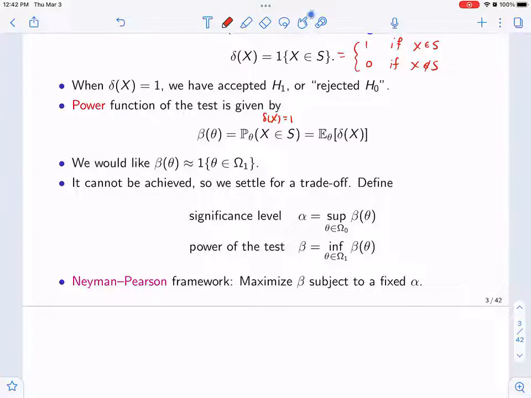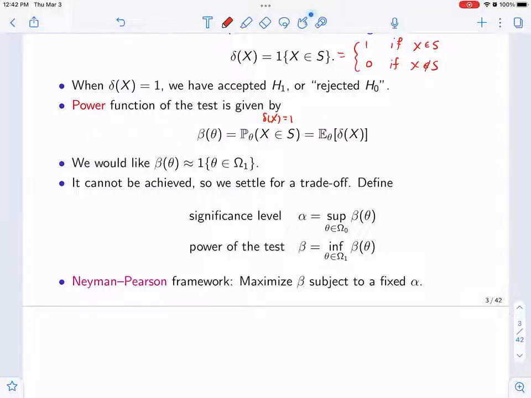So you can make it 0 otherwise. So you let it be a little bit above 0 and then try to find the best possible test in the sense that it's most powerful under the alternative.